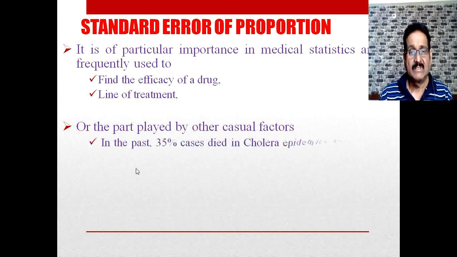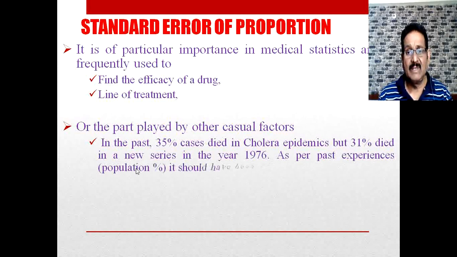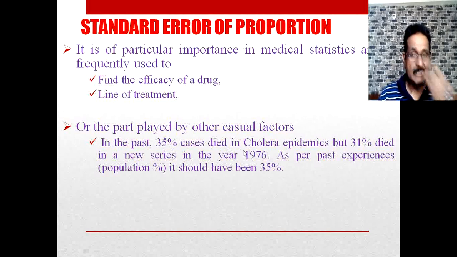In the past, just for example, 35% of cases died in cholera epidemics, but 31% died in a new series in the year 1976. As per past experience, it should have been 35%. Now you can see there is a difference of 4% in the cholera epidemic.